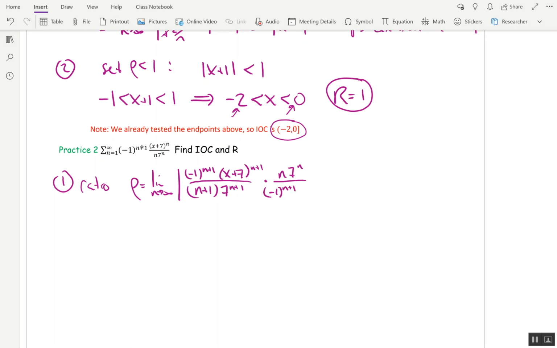Sorry, I found a mistake. This should be n plus 2, because this is the n plus 1th term I have in the beginning, but I already have an n plus 1 here, so if I add another one, I get n plus 2. But all the other exponents are correct.